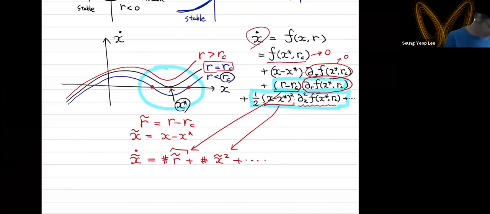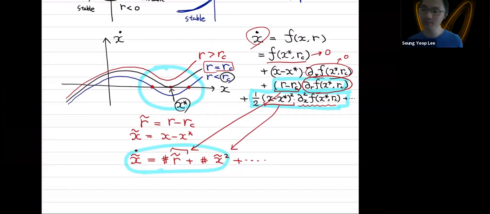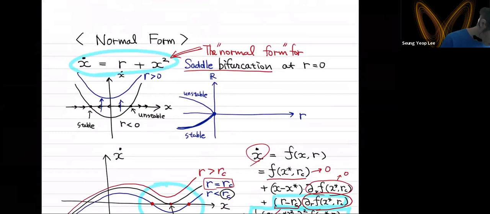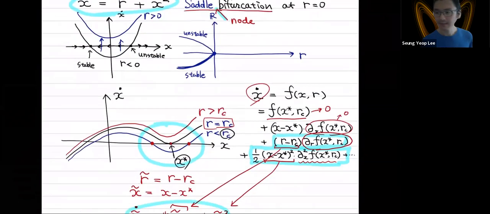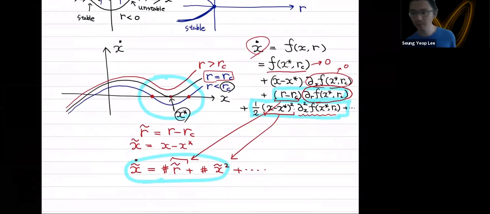So you see this normal form. Whenever you have a saddle-node bifurcation, I forgot the name. I think there was also a name like blue sky bifurcation, which refers to the same thing.